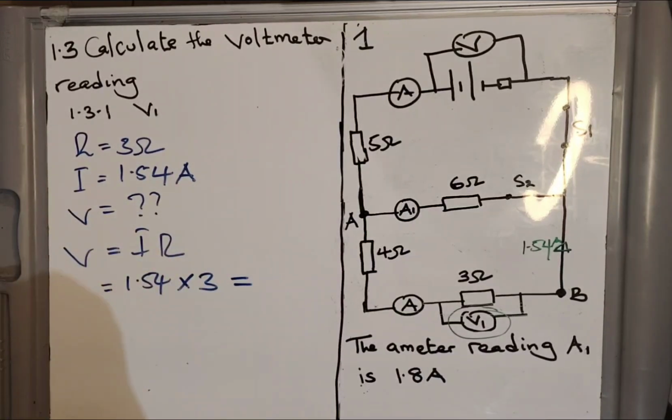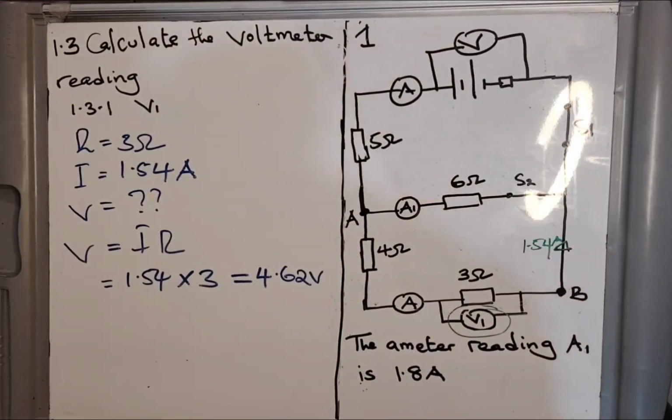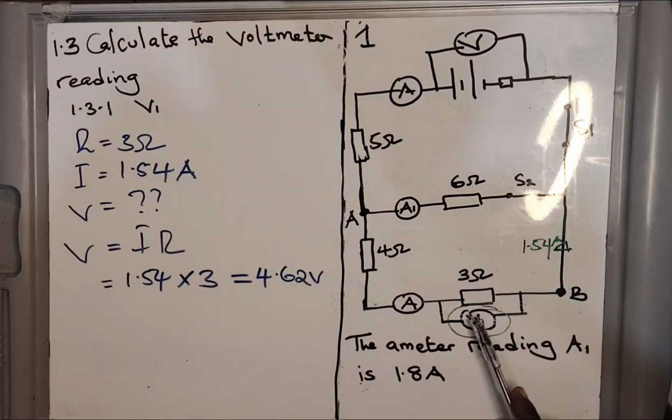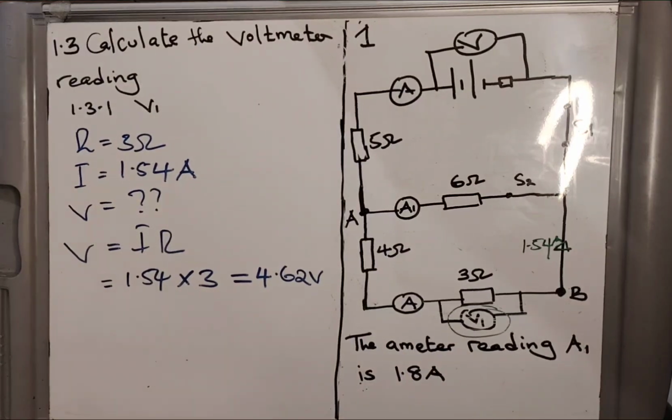So from here we get our answer. So the potential difference or the voltage across this 3 ohm resistor is 4.62.